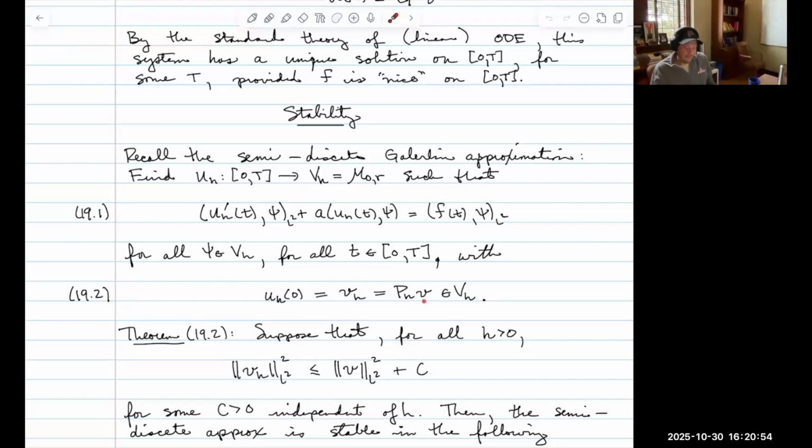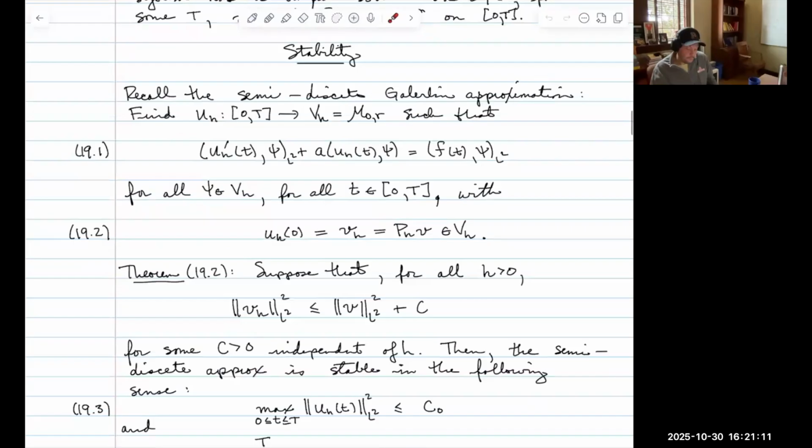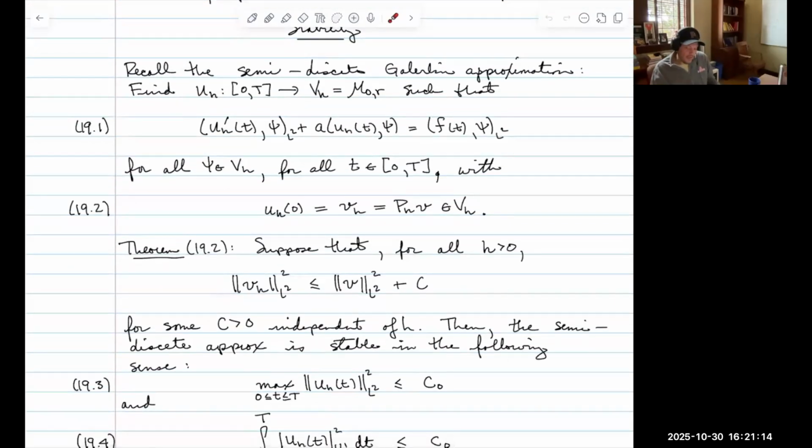So you can think about it like this. V is a smooth function, maybe an H01 function, and I take its interpolant, and that moves it from the infinite dimensional space of functions into the finite element space. All right, so let's start by supposing that for all h greater than 0, the L2 norm squared of VH is less than the L2 norm squared of the original V, plus some constant, which is like an error factor.